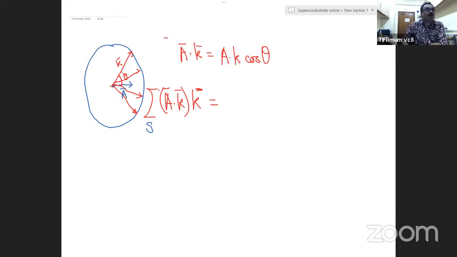Therefore, these two together will actually give you k cos theta, because the component which is perpendicular to A will vanish.